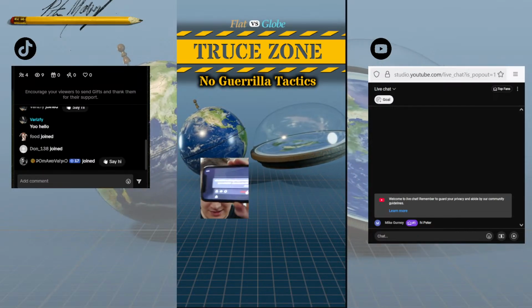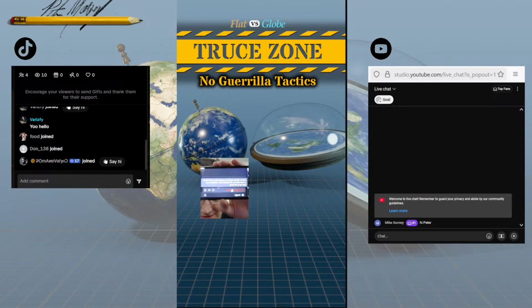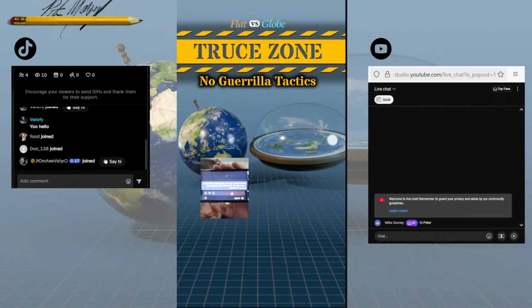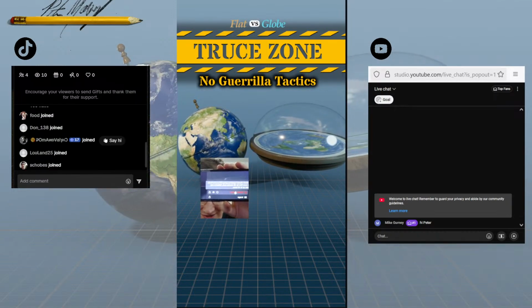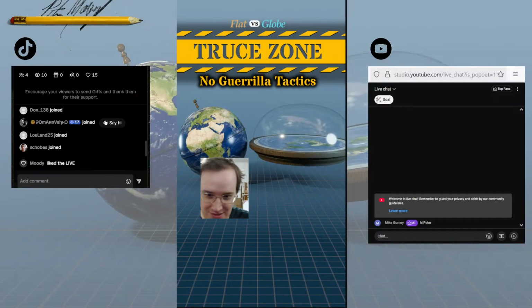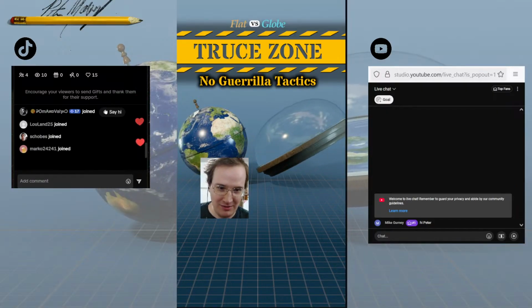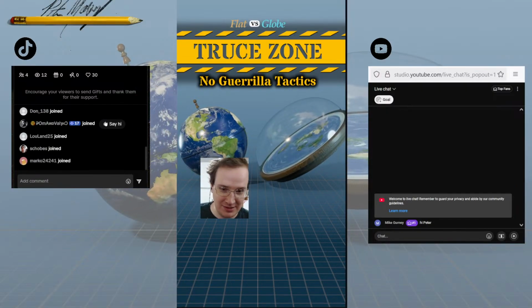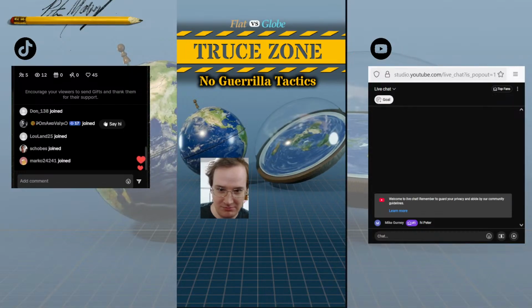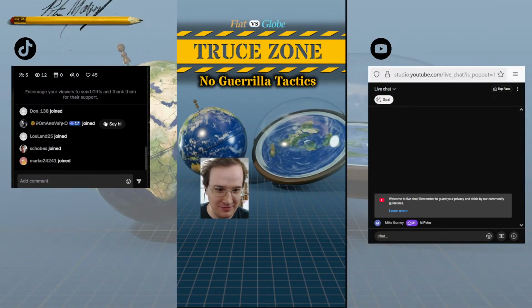It was saying this: display capture was blocked. I could not do display capture in TikTok Live Studio because I hadn't streamed for a month, and TikTok was just like, oh, we're just going to kick you out of this feature.